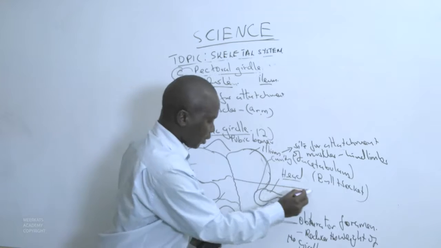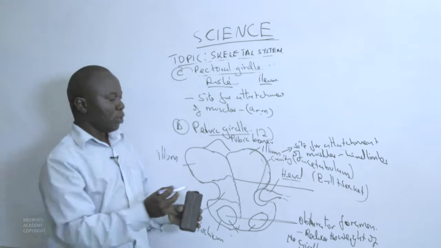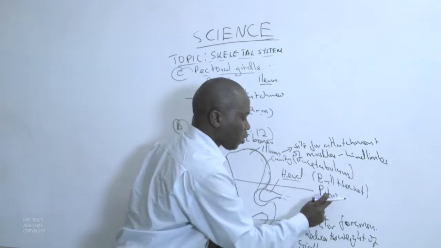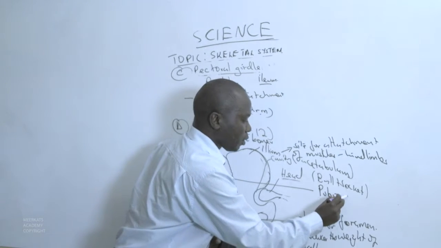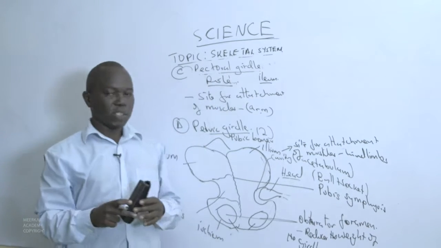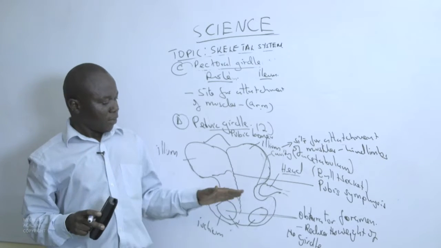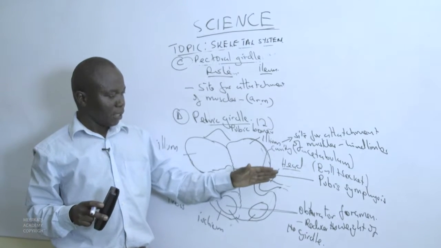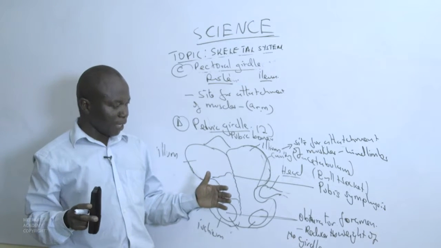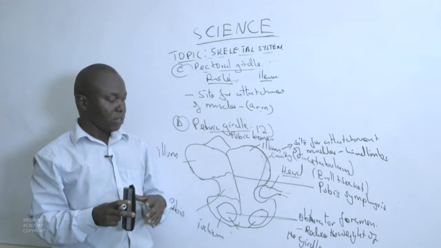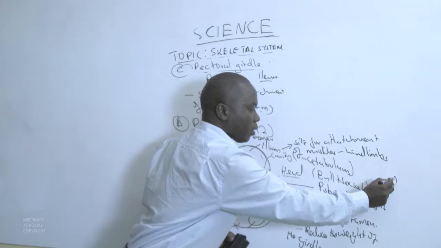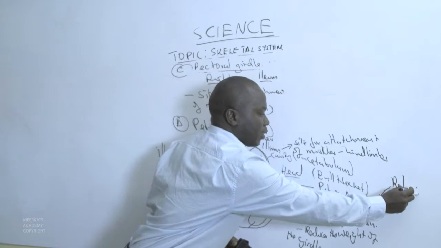And then there is that joint between these 2 bones. We have already said that joint is called the pubic symphysis. These are very important joints, especially in females during pregnancy. The pubic symphysis will have to expand or relax to allow the baby to be born, under the influence of a hormone called relaxin.